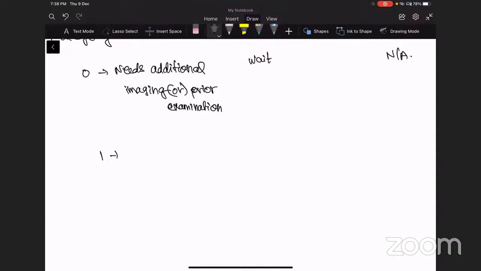Category 1 is considered as negative. Essentially 0% for developing cancer. Management is go for routine screening.